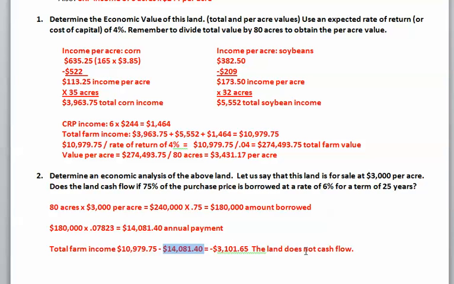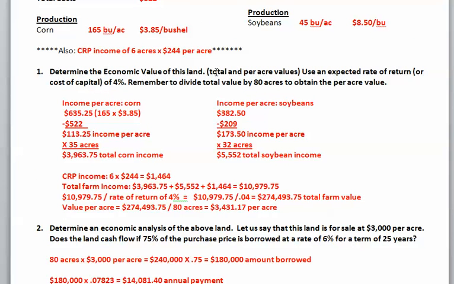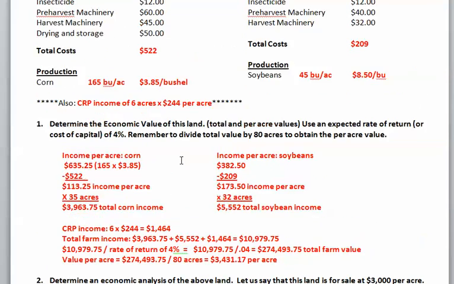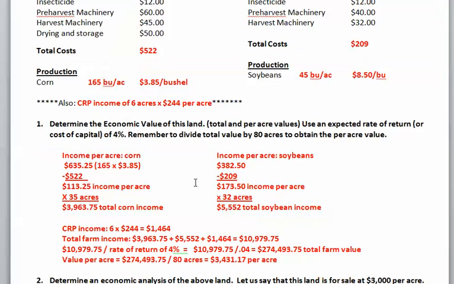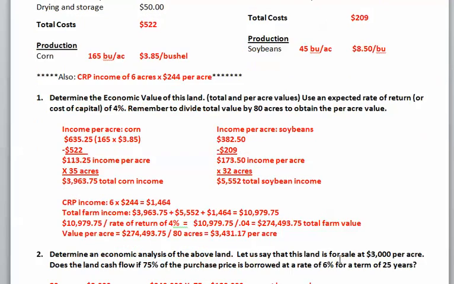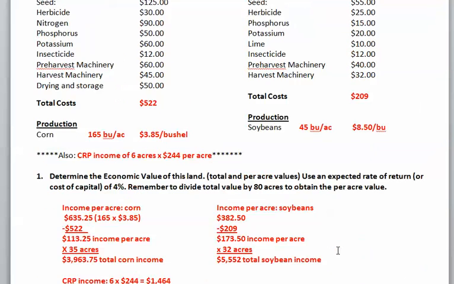So that's it. That is determining the economic analysis of the land via cash flow, and then also the economic value of the land. As you can see, sometimes the economic value might actually be higher than the cash flow value. That's why we see land values that are above actual cash flow values.